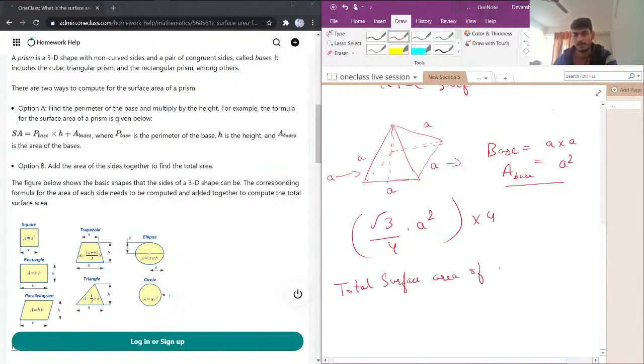Then the total surface area of the equilateral square pyramid will be equal to the area of the base plus the area of 4 triangles.